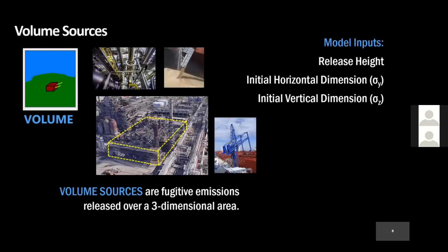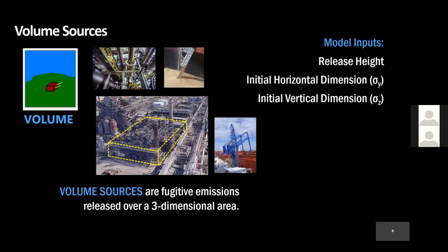Volume sources, a little bit more complicated. Like area sources, they're good for fugitive emissions, but they're best for sets of fugitive emissions that are initially released over a three-dimensional area, not just a flat area. Volume sources are great for, I didn't find a good picture, but if you have a building like a workshop with a bunch of open windows and doors where little bits of emissions kind of leak out from all over the place, that's a good volume source.